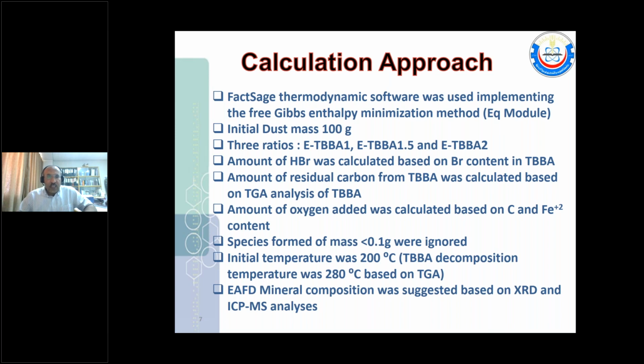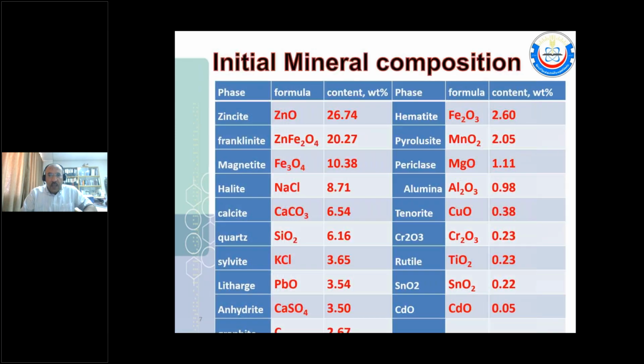We started with the initial temperature of 200 degrees, knowing that the tetrabromobisphenol decomposition temperature is 280, but really we started with this temperature to see what will happen. Okay, sorry, this is the mineral composition of the dust. We had several assumptions. For the interested people, you can find them in one of the papers that were already published on this topic.